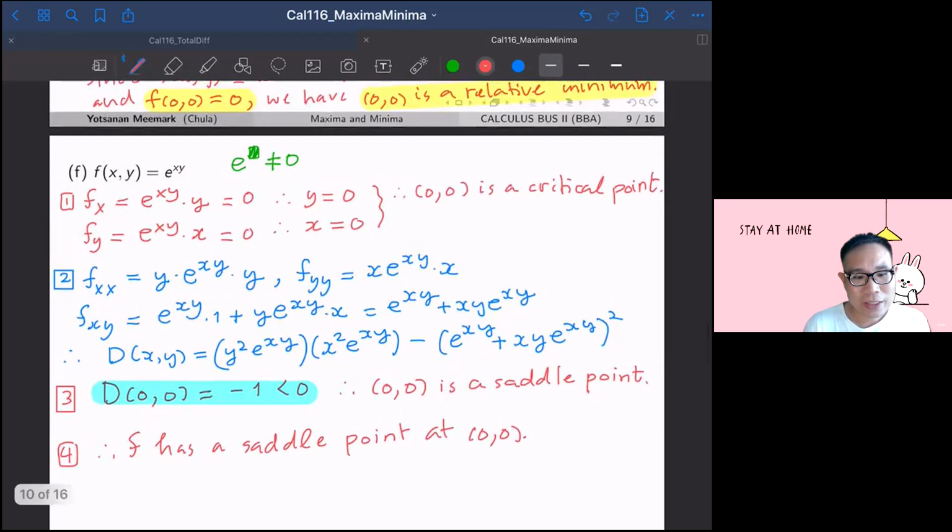Okay, so it seems difficult. However, for this one, it's not that difficult. The difficult part here turned out to be on the second derivative. And like I said, do not simplify for D, just plug in the value of the critical point, okay? And it's going to allow you to conclude that quite easily.